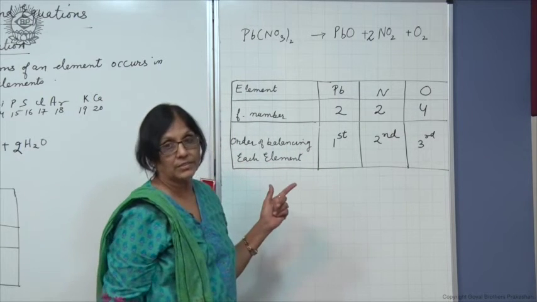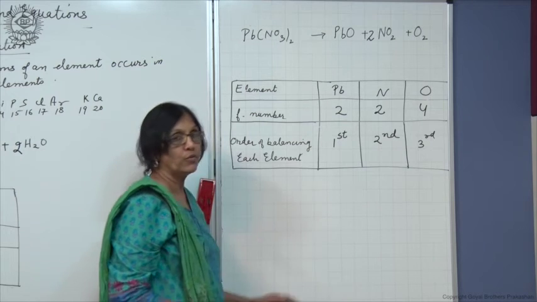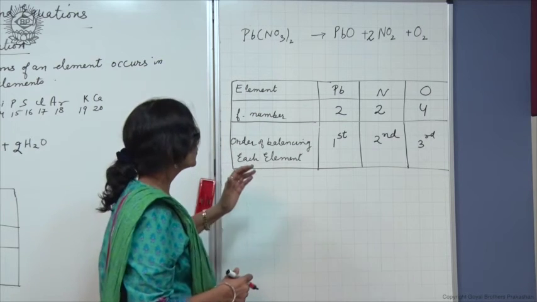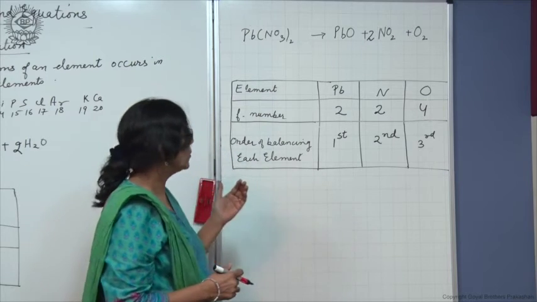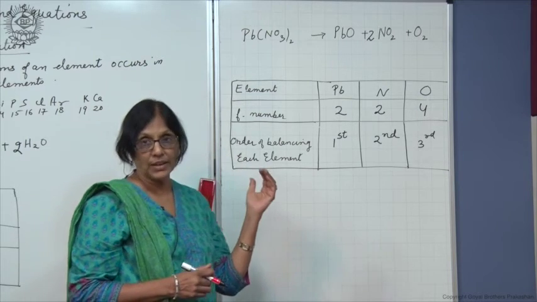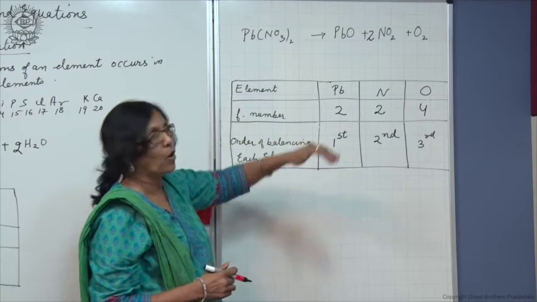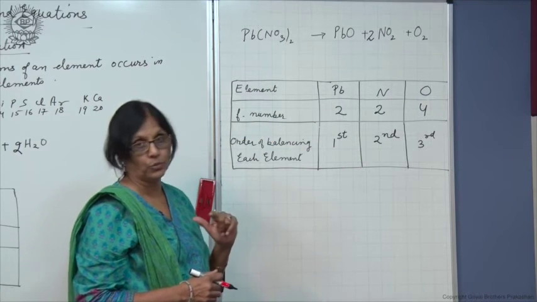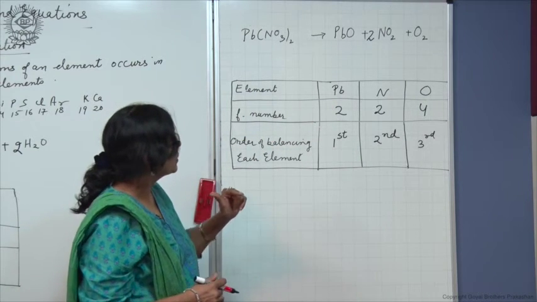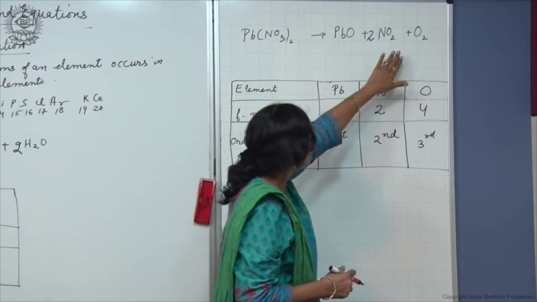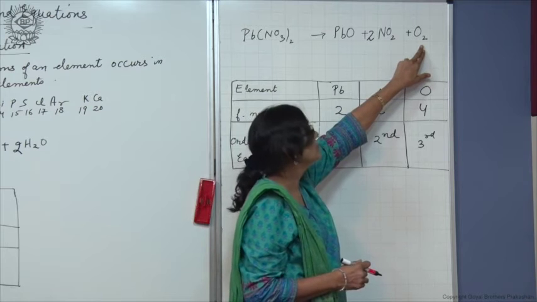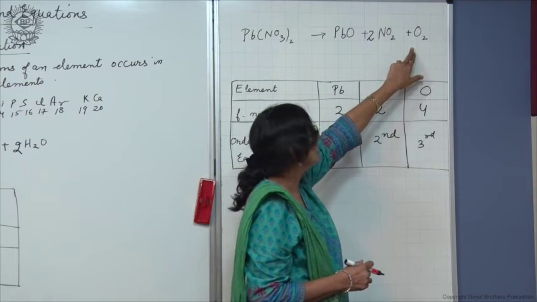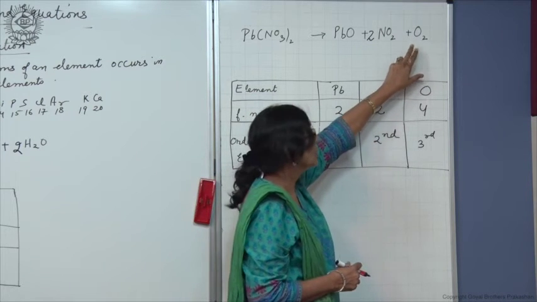Now, in this particular case, a rule follows. If the number of atoms of an element on one side is even and on the other side is odd, and the element is present in its elementary form, not in the form of a compound, then what will be done?